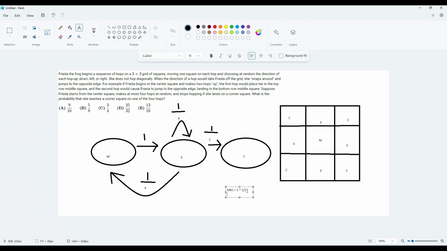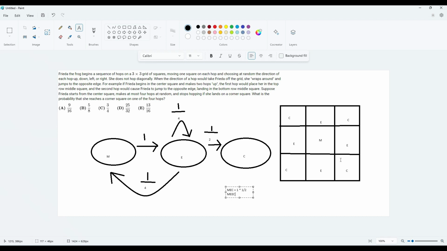The next possible scenario is where it continuously goes to 2 edges. Basically, it goes here, then to here, and then back to here, and then it goes to another corner. That would be case MEEC, where it goes to 2 edges before it goes to the corner.